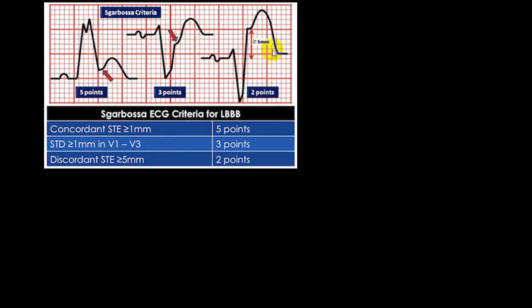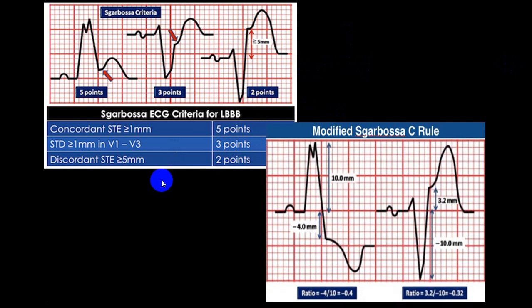If there is a deep S wave and an ST elevation of more than 5 small squares, we give 2 points. More than 3 points is already in favor. They say that even more than 2 points is in favor of the presence of ischemic heart disease in the presence of LBBB.